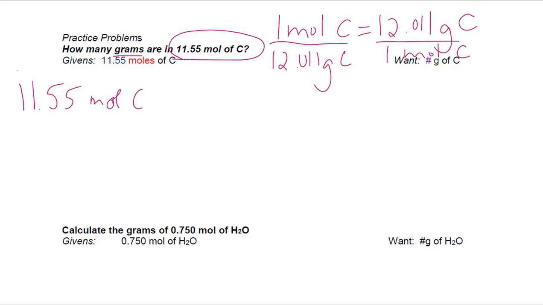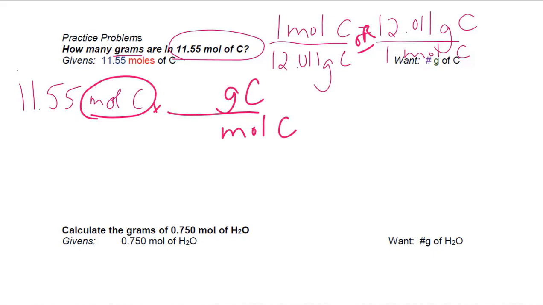So then I'm going to take this, instead of saying equal, remember we're going to say or. Which one are we going to use? Well, here I have moles of carbon on top. I need to have moles of carbon on the bottom to cancel out, and grams of carbon on top, because what do I want? How many grams?